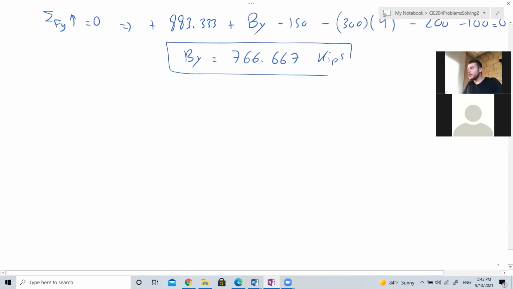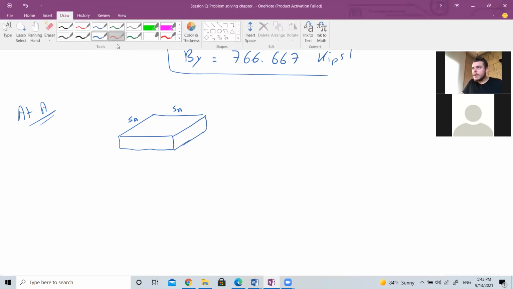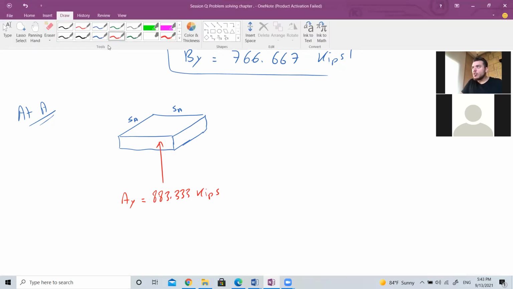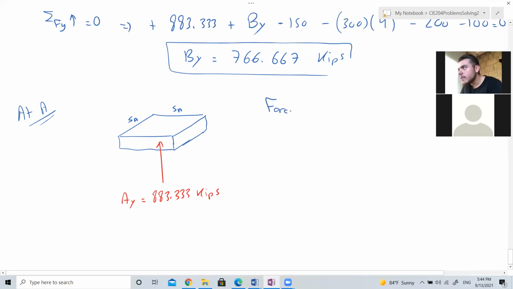We found AY and BY. Now at A you need to find the dimension of SA. Given AY equal to 883.333 kips, you have the force, and the area, which is SA squared.